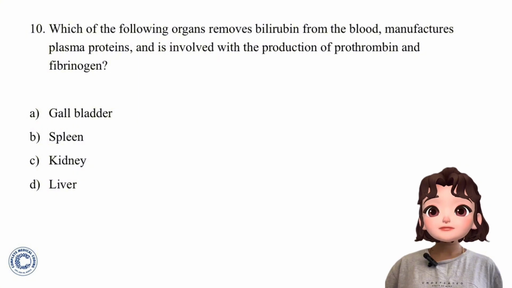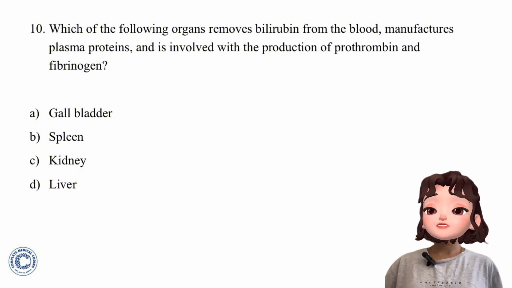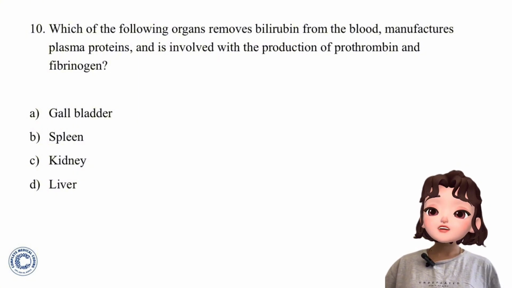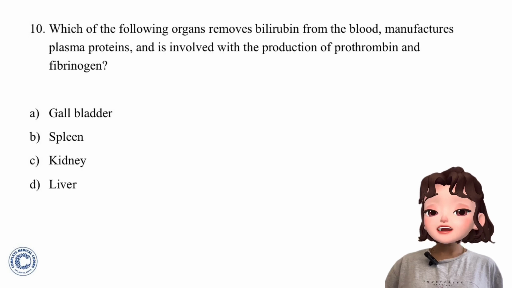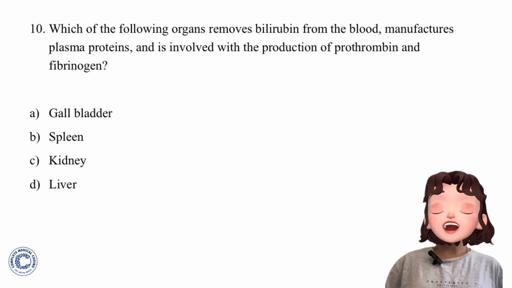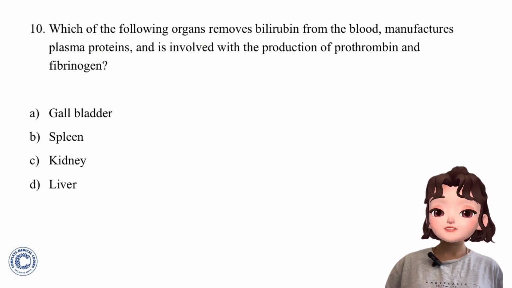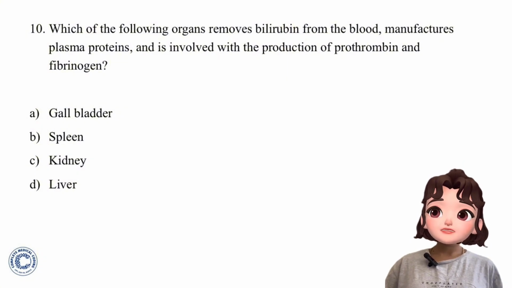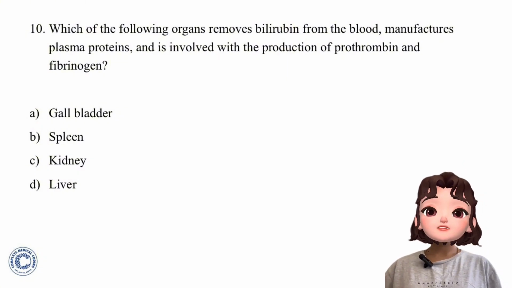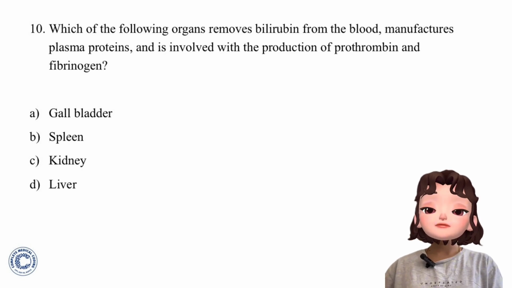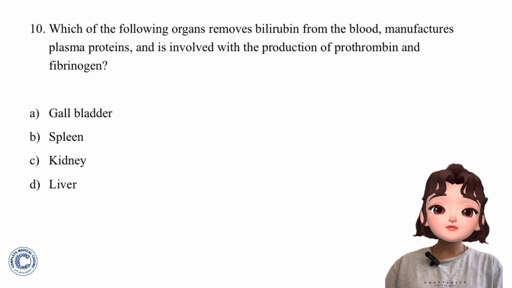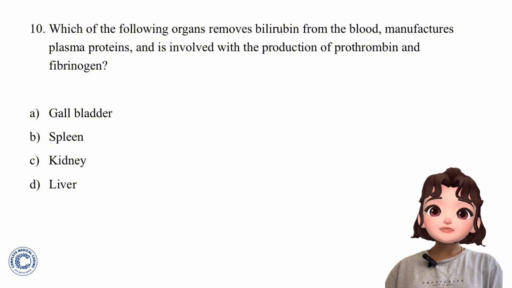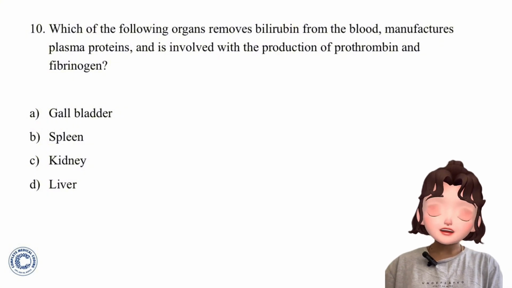Moving to the 10th question. Which of the following organs removes bilirubin from the blood, manufactures plasma proteins, and is involved with the production of prothrombin and fibrinogen? As you know, if you hear the term bilirubin, you should know which internal organ it is related to.